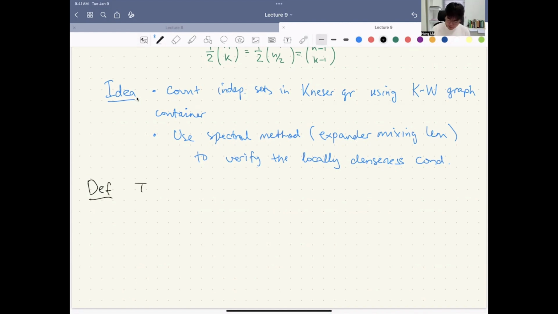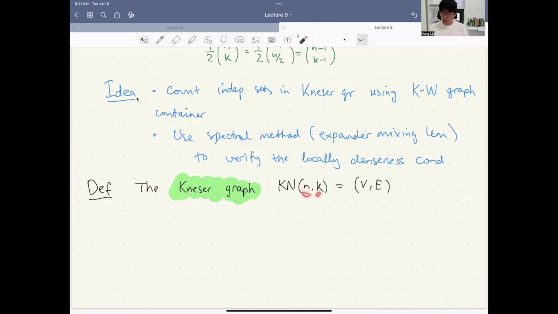The Kneser graph K(n,k) has vertex set V and edge set E, with two parameters, little n and little k.